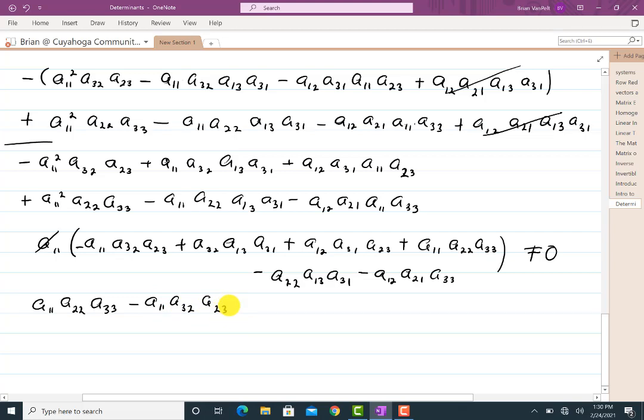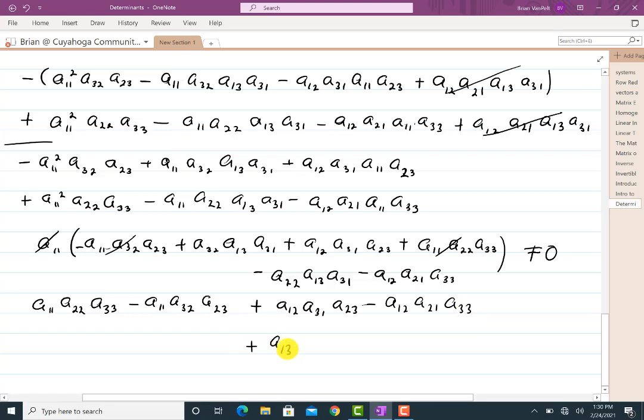And then let me go ahead and do the A12s together. So A12, A31, A23 minus, let me mark these off too as I'm using them so I can keep track of what I'm doing. I'm looking for an A12 down here. There we are. A12, A21, A33. And then I'm looking for A13.